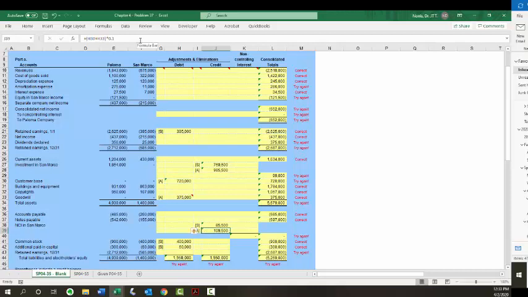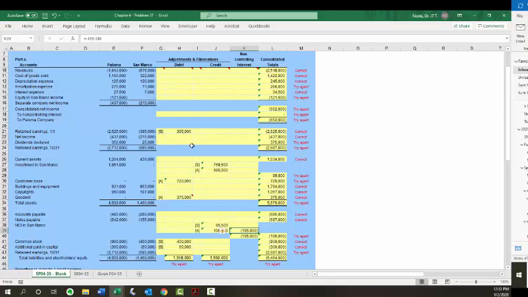And we have 109,500 and 985,500. Okay, the sum of those two, and these are both credits, so make them negative. The sum of those two credits is going to go into the non-controlling interest column. So that's the S and the A.